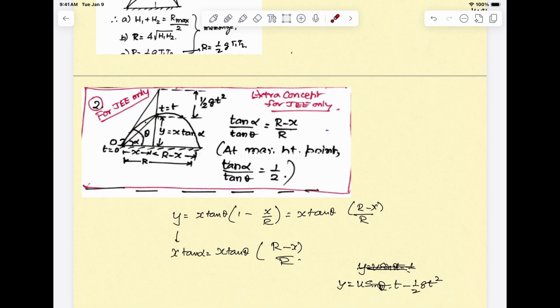What is the relation between half g t squared versus the y coordinate? That is this divided by this equal to this divided by this, r minus x, this is x.